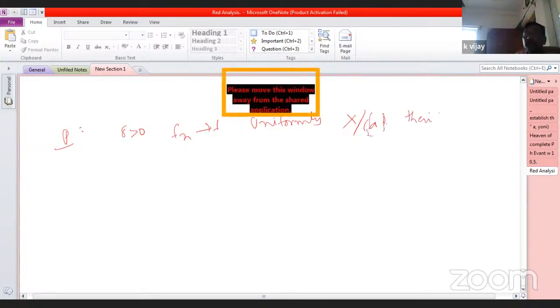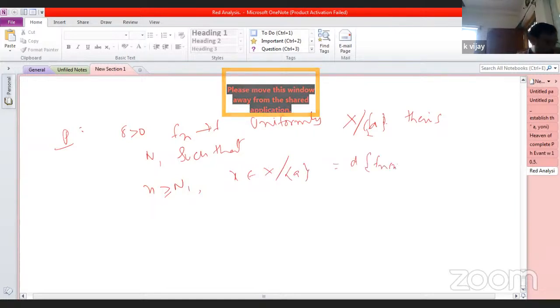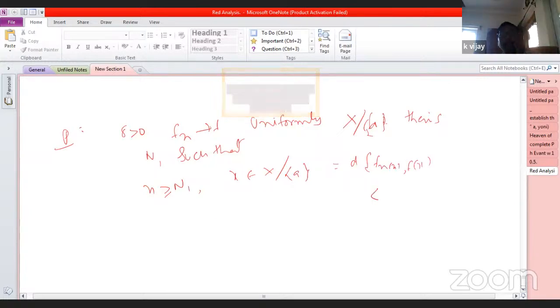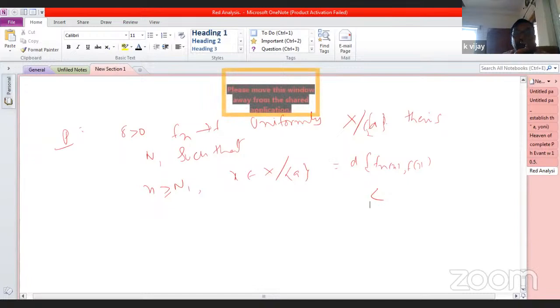There is n1 such that for n greater than or equal to n1, x belongs to x minus a, d of f of n of x, f of x is less than delta, delta by 1, delta by 2, delta by 3.